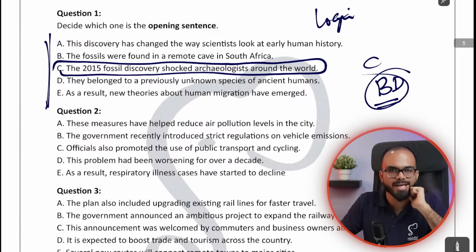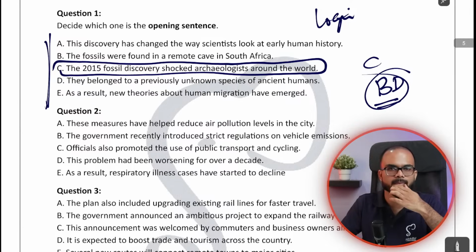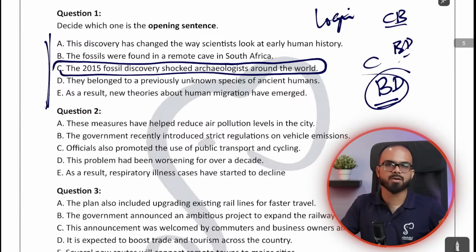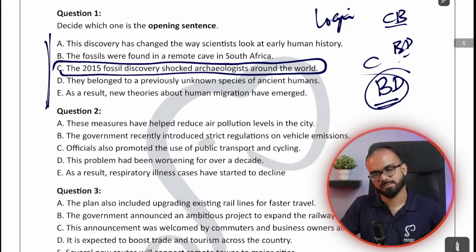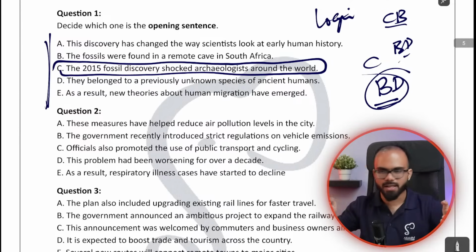I'm not looking at the answer now. I don't want you to give me an answer. I want you to give me a pair. Yes, CB is one good pair or BD is another good pair. So if you can identify an opening sentence and a pair, you can definitely do the question.